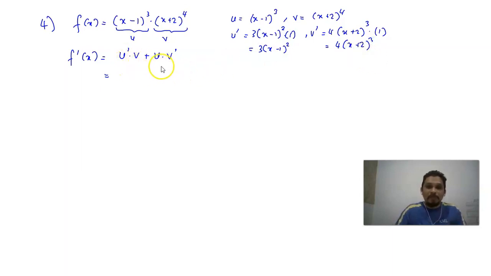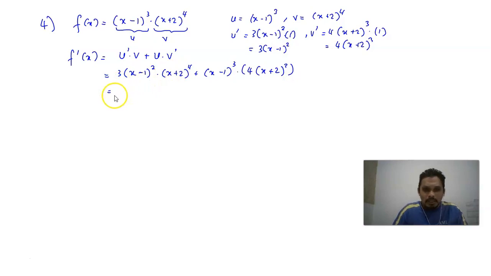Now substitute here: u prime, which is 3(x - 1) squared, times v, which is (x + 2) to the power of 4, plus u, (x - 1) cubed, multiplied with 4 here and (x + 2) to the power of 3.